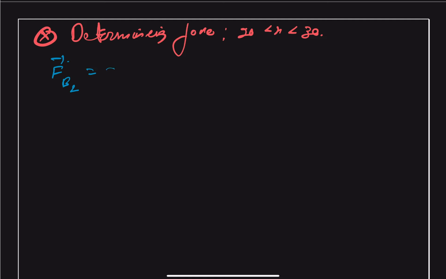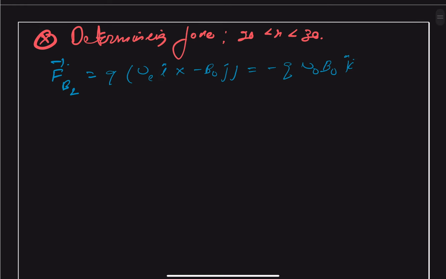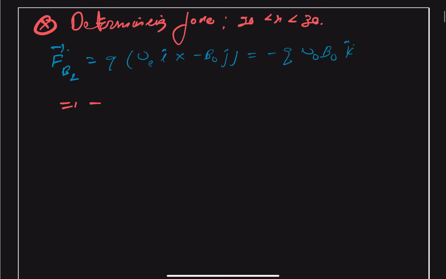So we can write this as q, once again, v naught i cross minus B naught j, and this gives us q v naught B naught k unit vector with a minus sign, and its direction will be along the negative z direction.